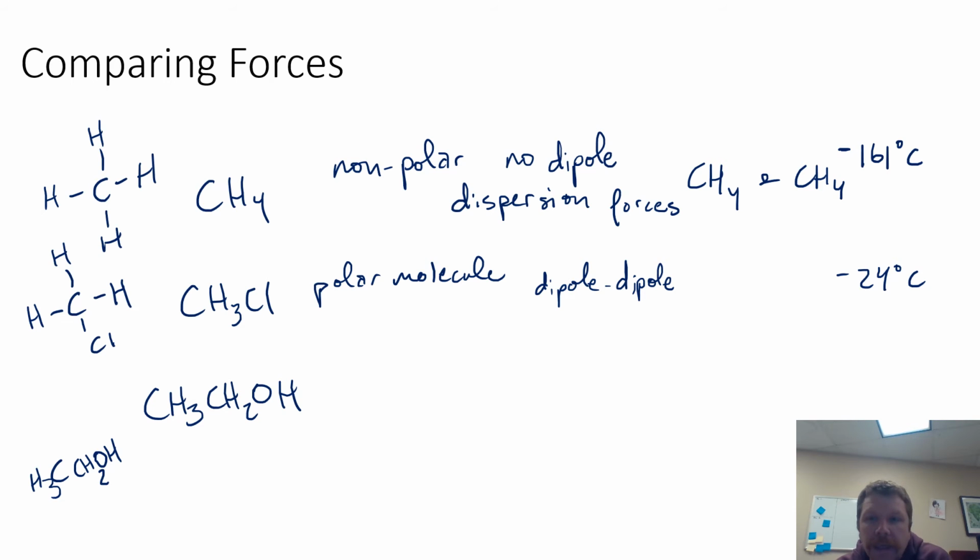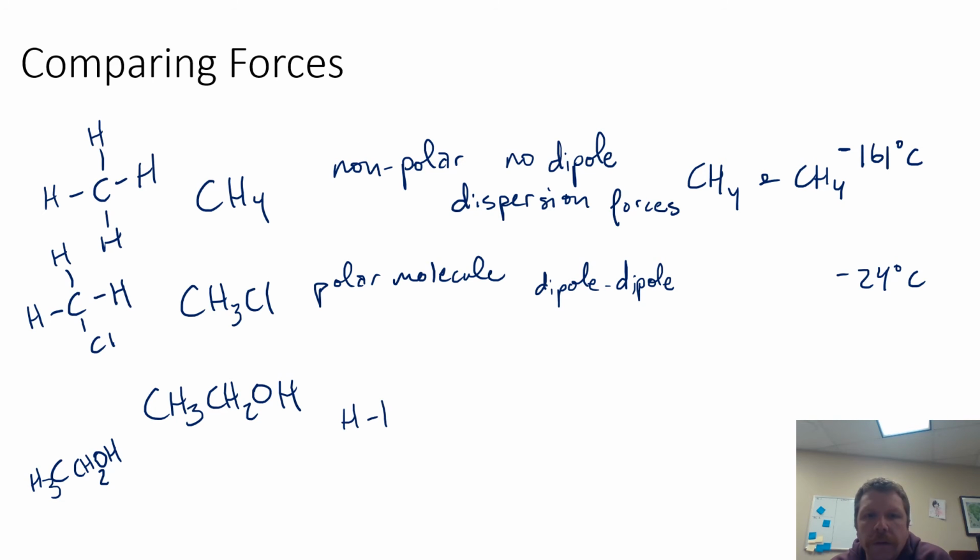So a lot less heat is required in order to get this solution to boil compared to a methane solution, but it's still not a particularly high amount. Now, our last molecule, CH3CH2OH, is commonly known as ethanol, and one of the things that you notice about this is this has been our example for a molecule that is capable of hydrogen bonding.